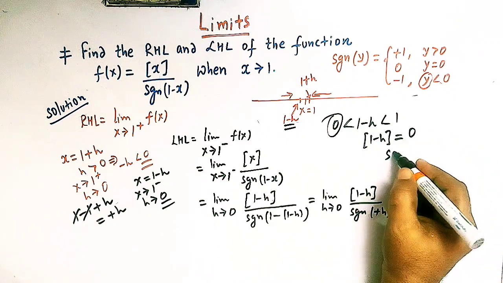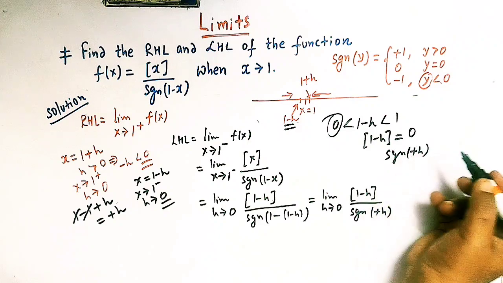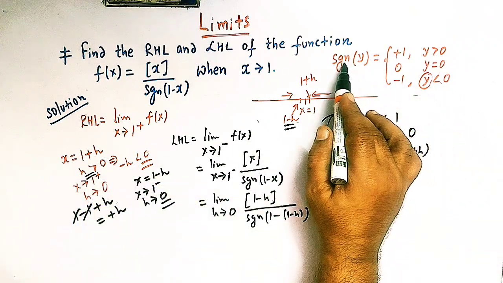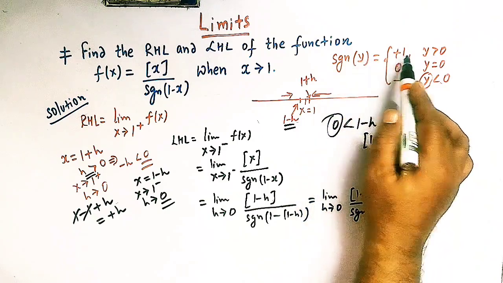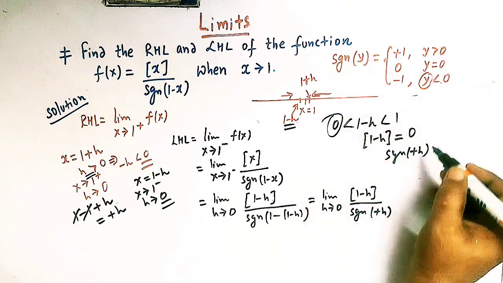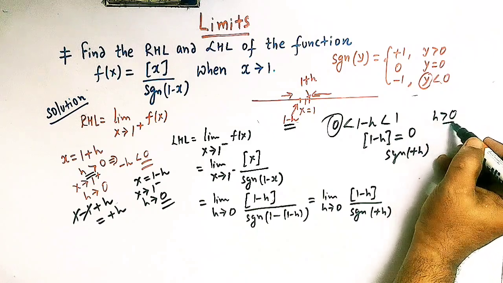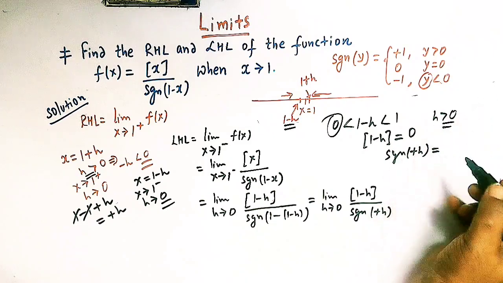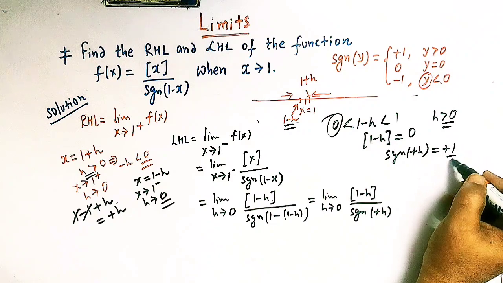And signum of plus h, because h is a positive quantity. So when signum of y is positive 1, it implies that y is greater than 0. So h is greater than 0, that is h is a positive quantity. So signum of positive h is equal to plus 1.